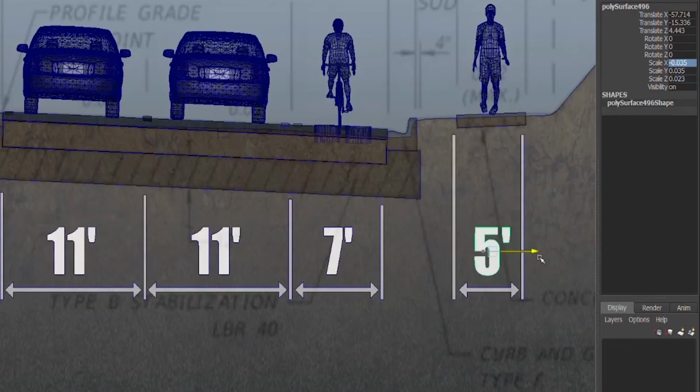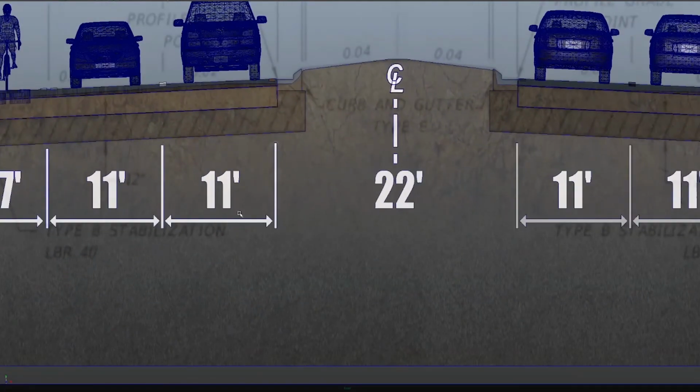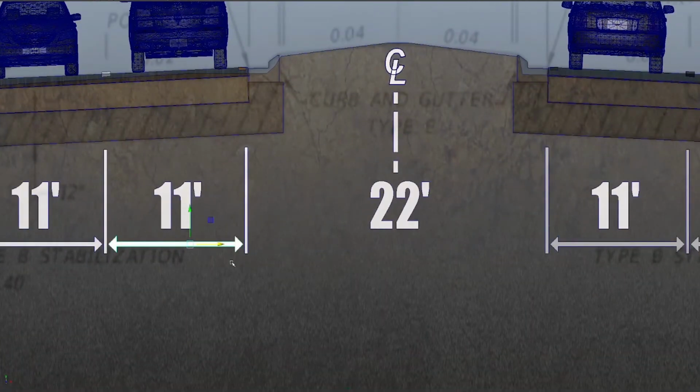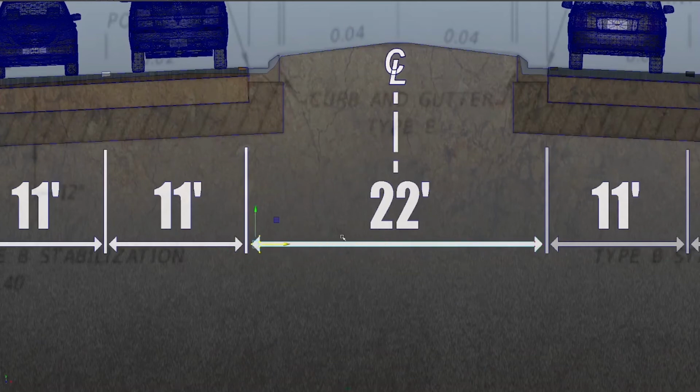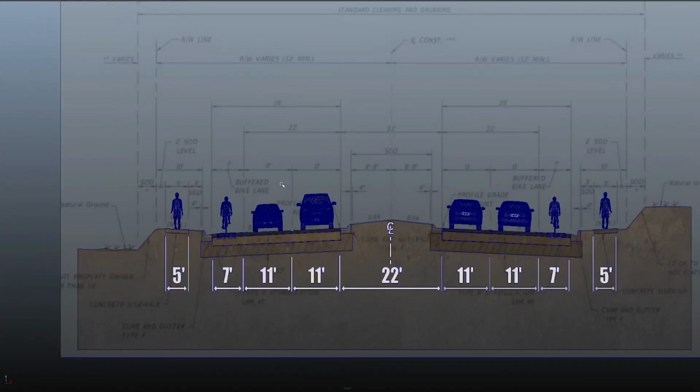So here we go. Now we're done. Done with the dimensions. Oh, we need one more for the median. So we'll just duplicate this arrow, slide it over. Now we're done. The only thing left to do is to add the right-of-way.